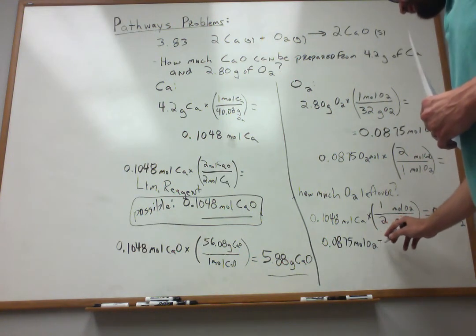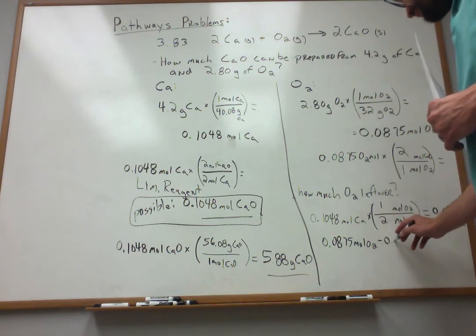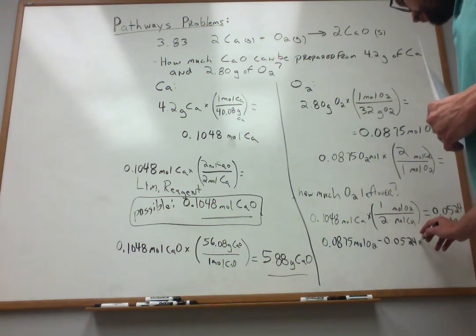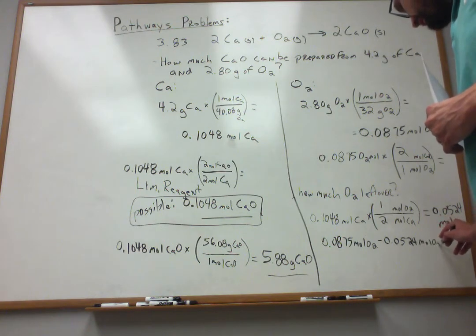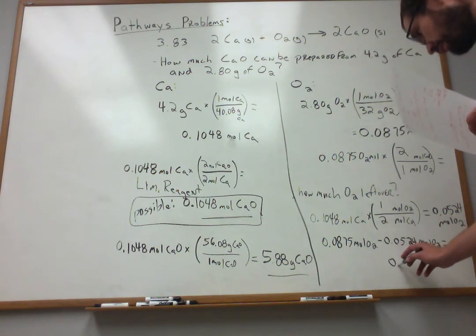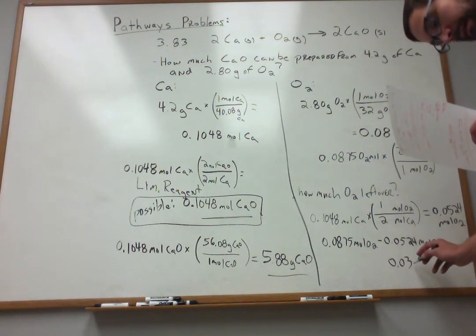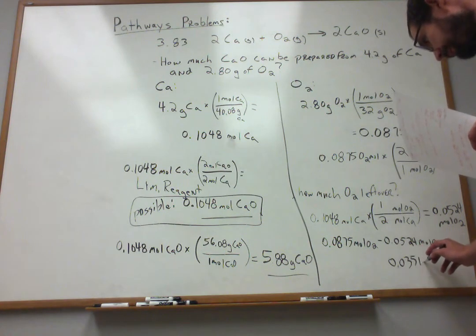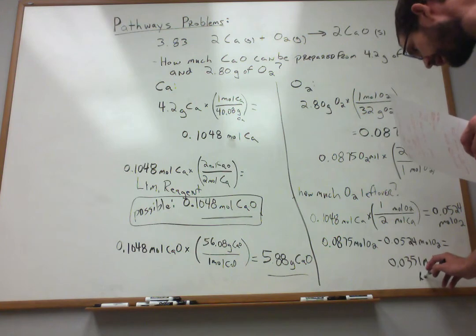That's my initial amount, and it looks like in the reaction, I consume 0.0524 moles of this gas. So if I do some subtraction, it turns out 0.0351 moles of oxygen must be remaining.